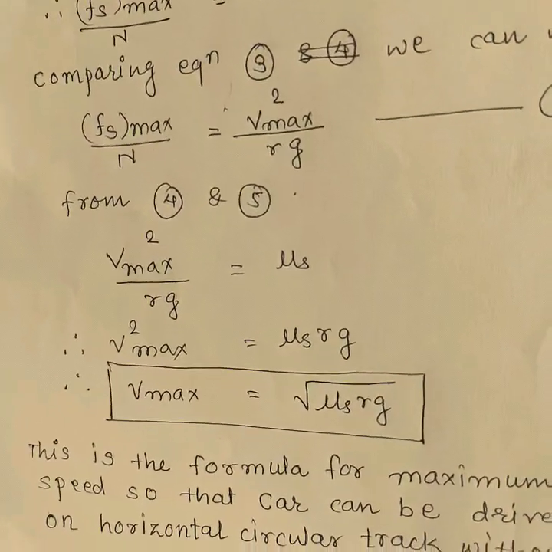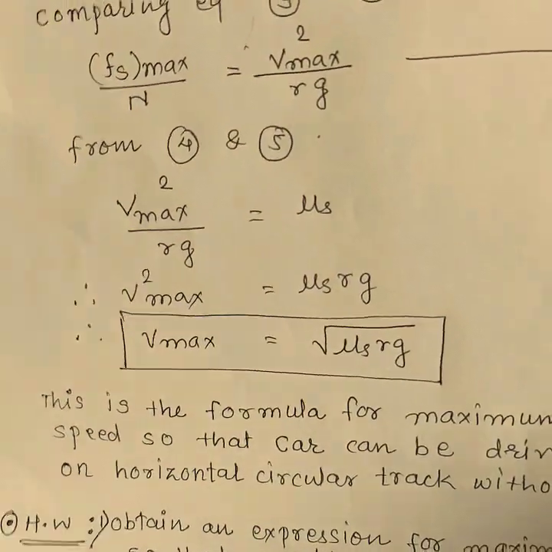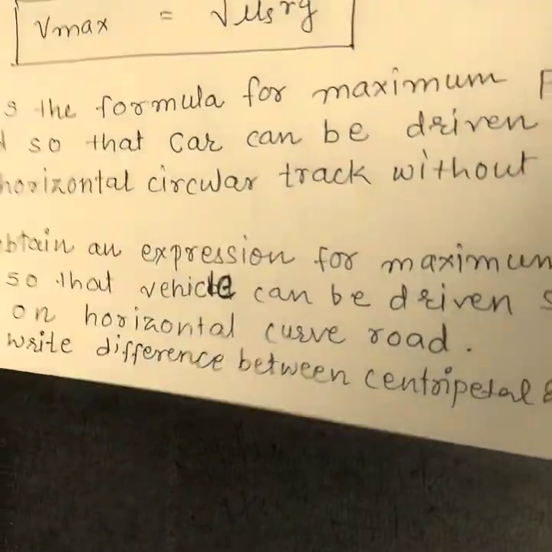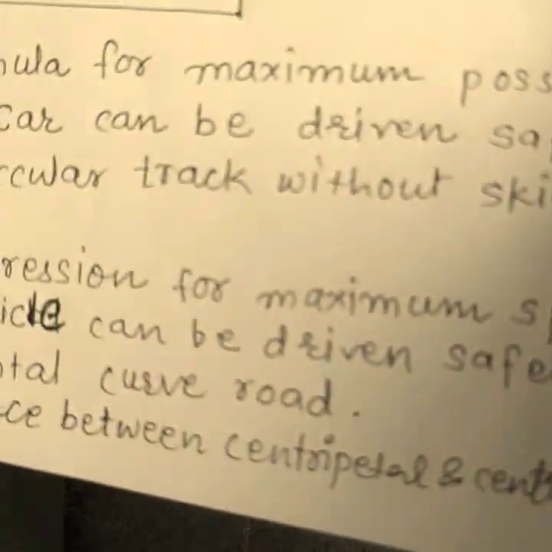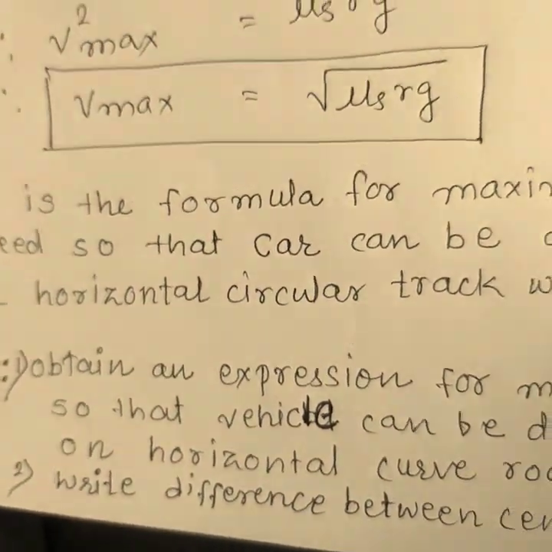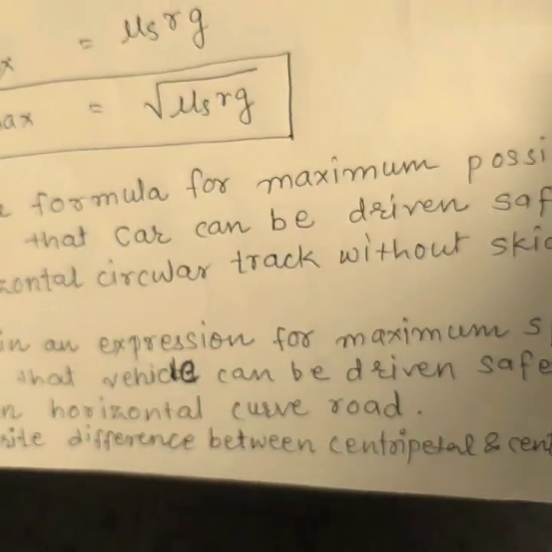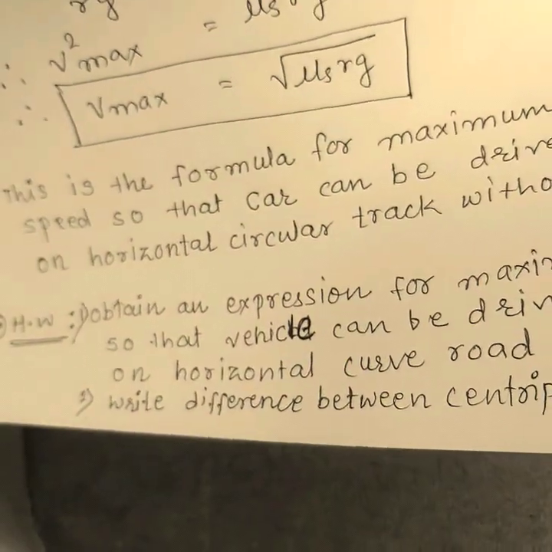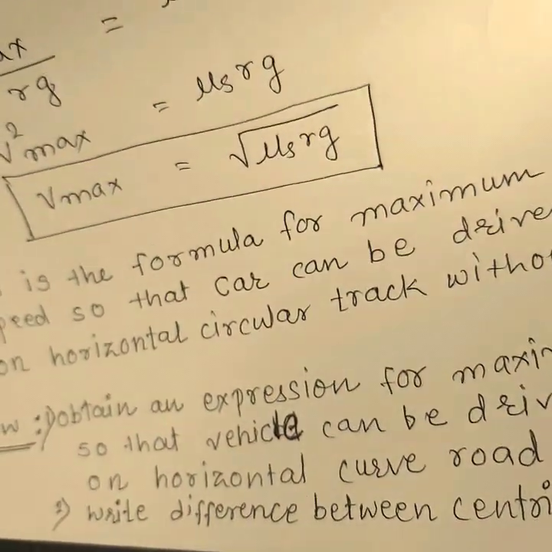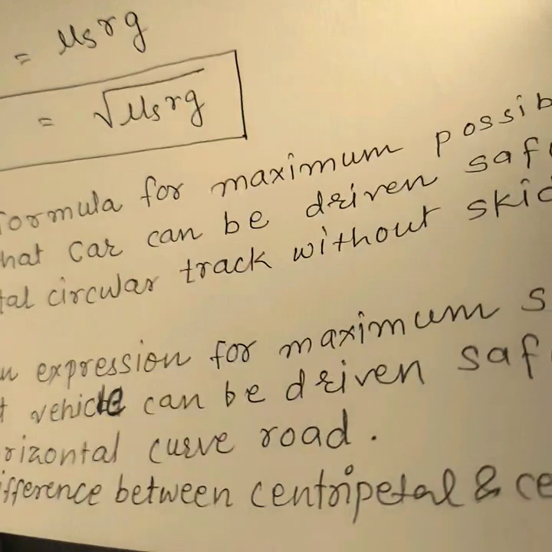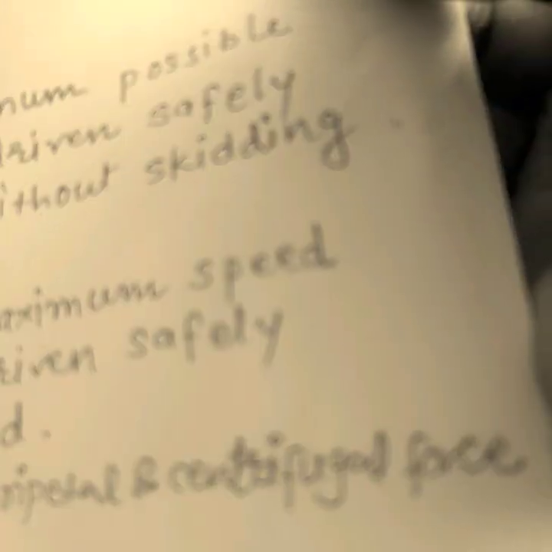So today's homework is: obtain an expression for the maximum speed so that the vehicle can be safely driven on the horizontal curved road. And the second one is: write the difference between centripetal and centrifugal force. Okay, bye.